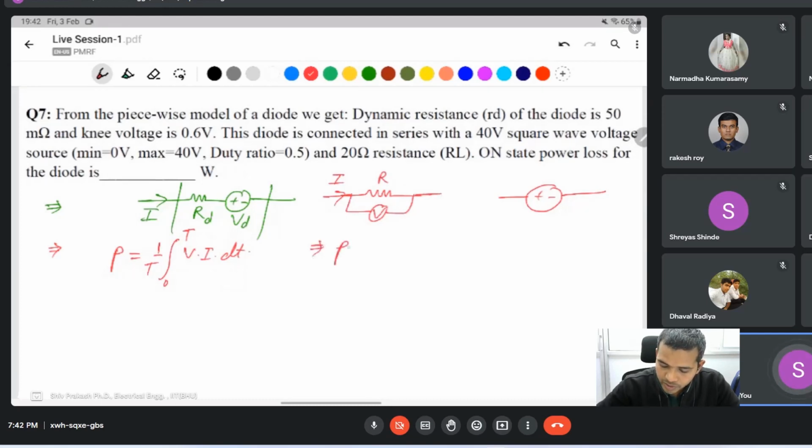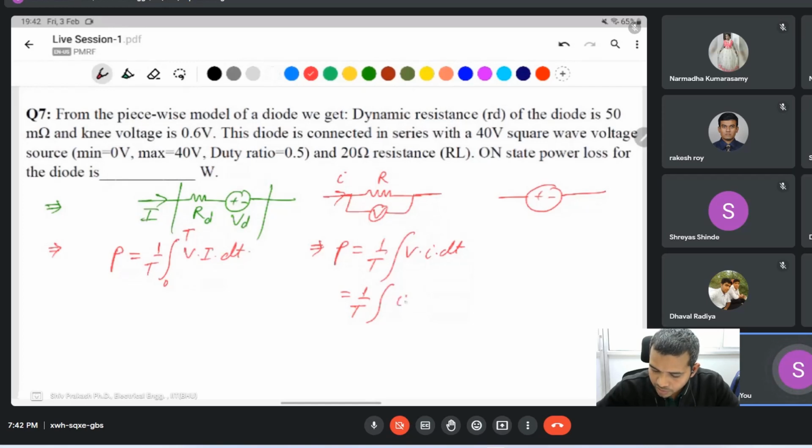Then you calculate power: 1 by T integration of V into I into dt. Voltage V means I into R, where I take a small i as the notation for the current.